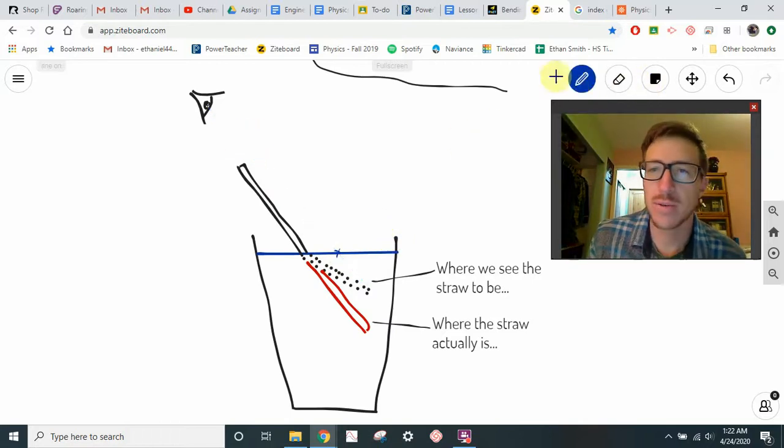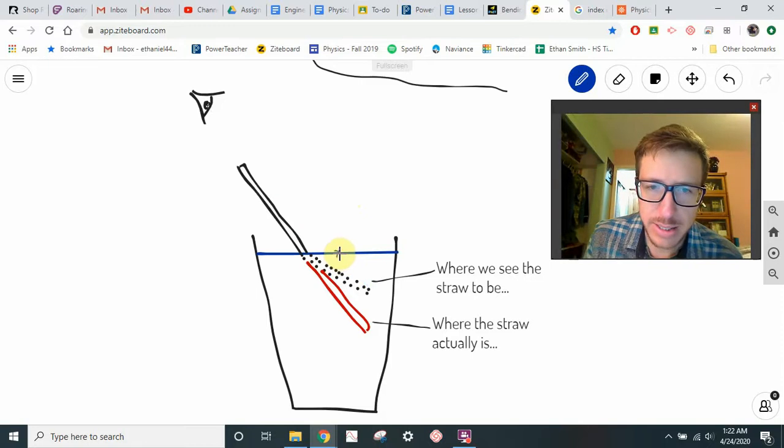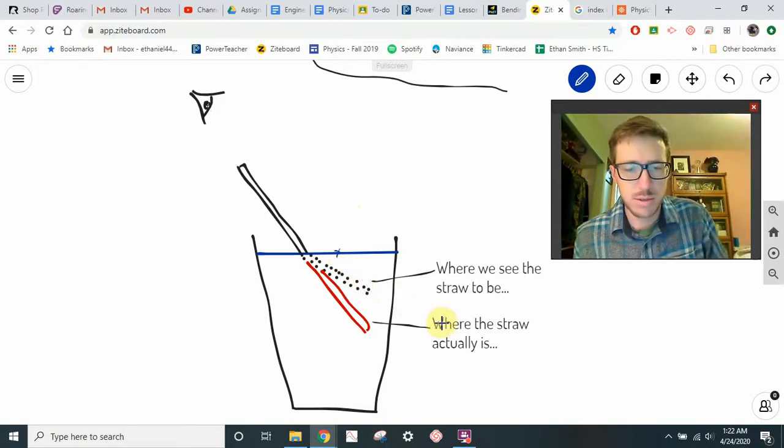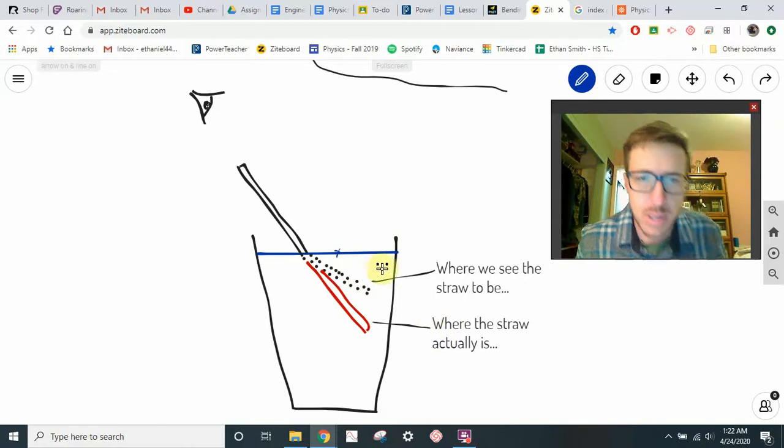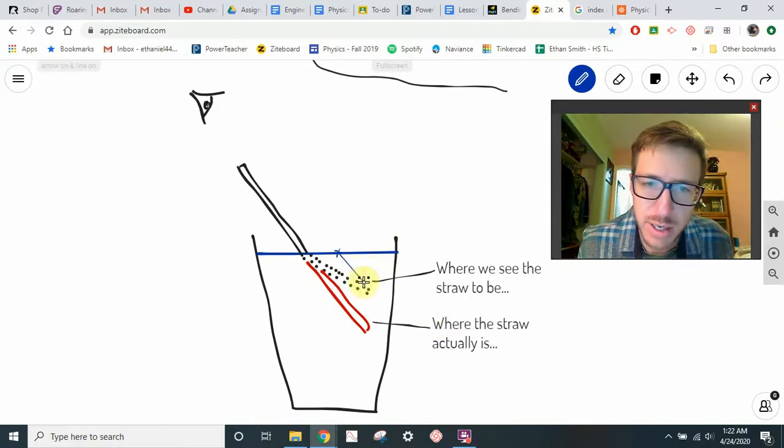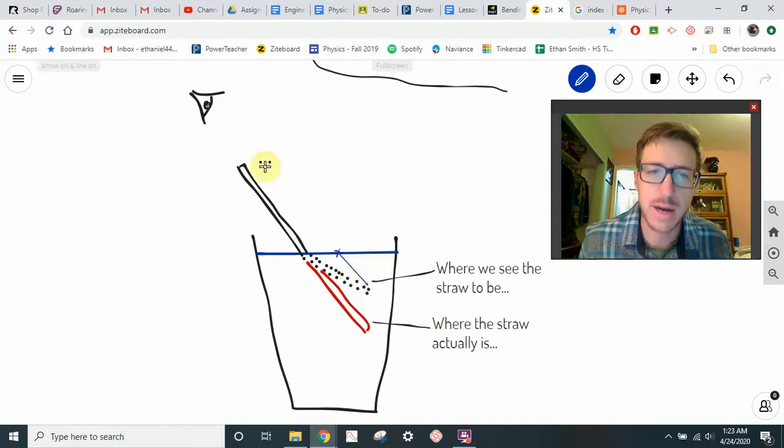So if I erase this, my eye is seeing the straw as being right there. It's following that straight path. But the straw is actually right here.